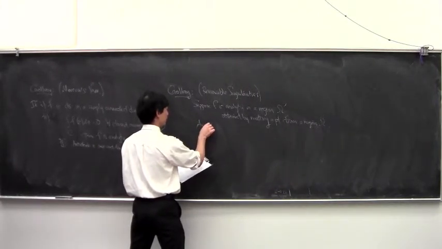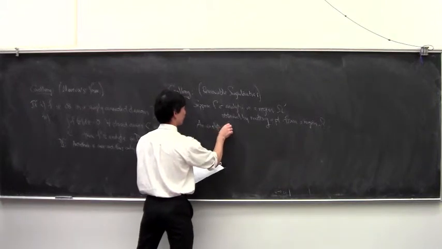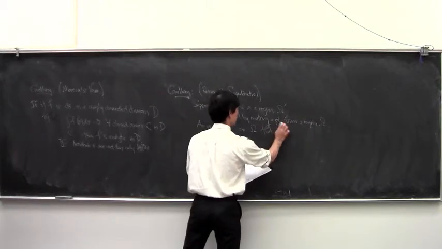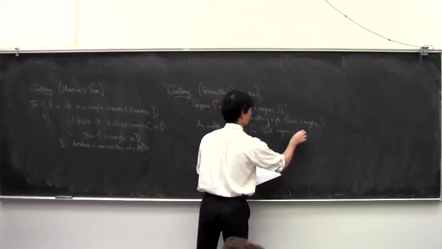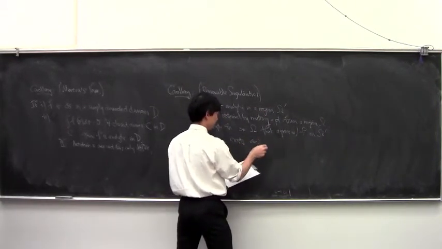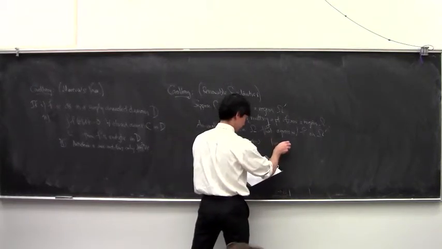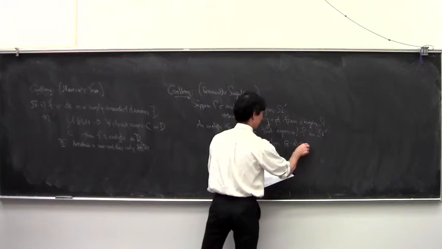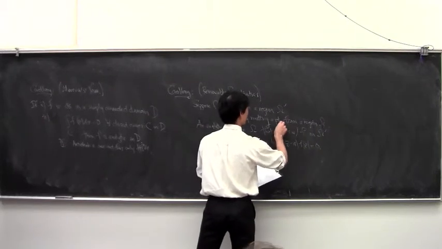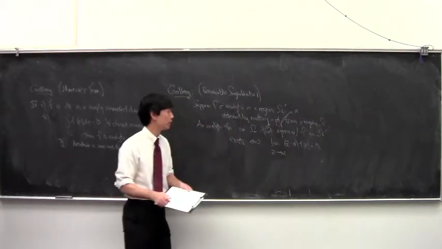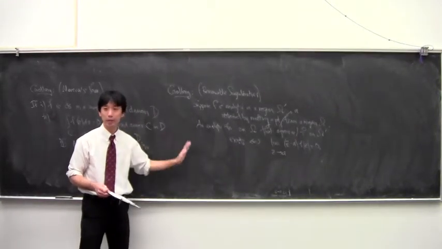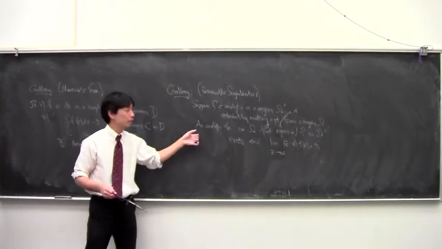An analytic function on omega that agrees with f on omega prime exists if and only if the limit of (z minus a) times f of z equals 0 as z approaches a. So you remove some point a from a region. You can extend f to an analytic function on the entire domain if and only if you satisfy this condition at a.